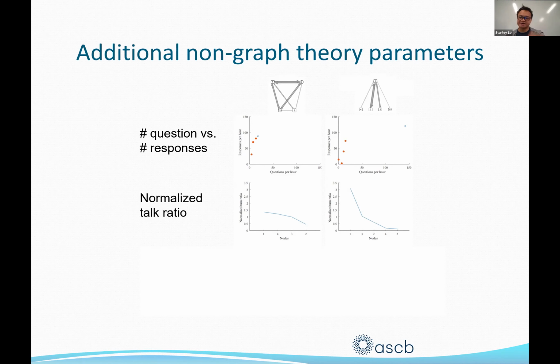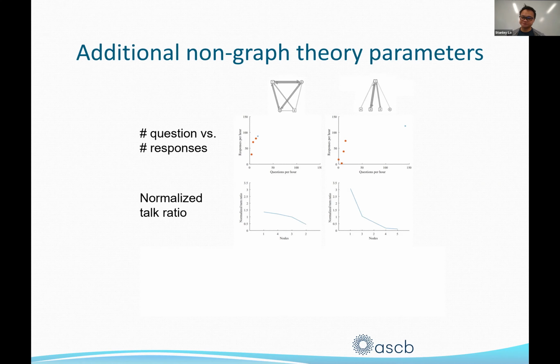And so we see again in that graph where everyone is connected, the normalized turn ratio happens to be pretty close to 1 for everybody except for person 2. And then on the right-hand side, the facilitator spoke about 3 times more than his fair share of turns.